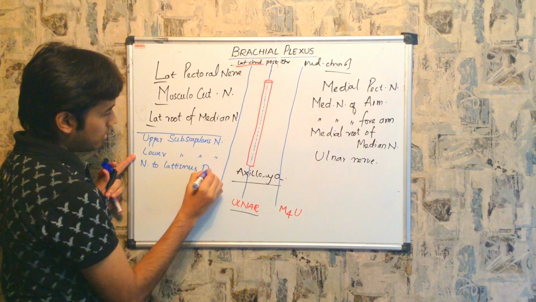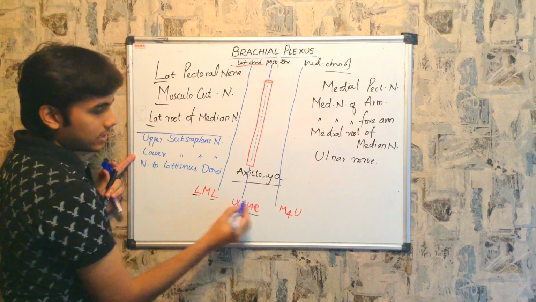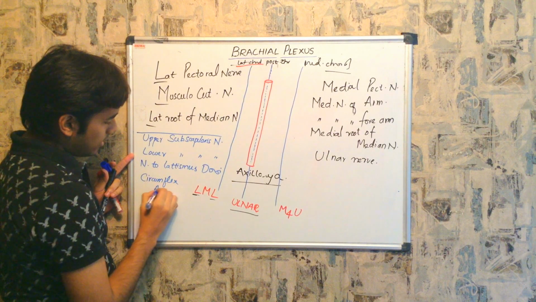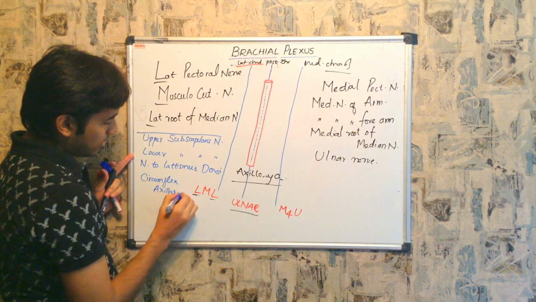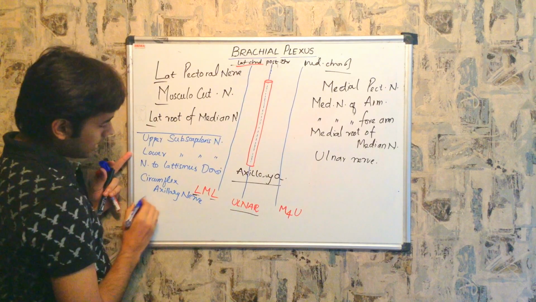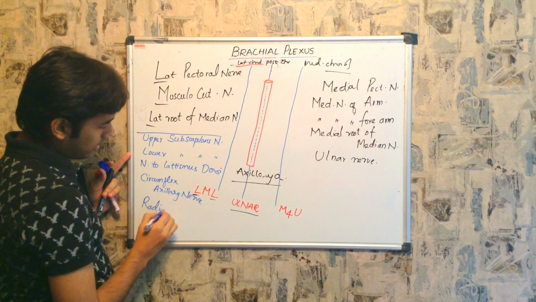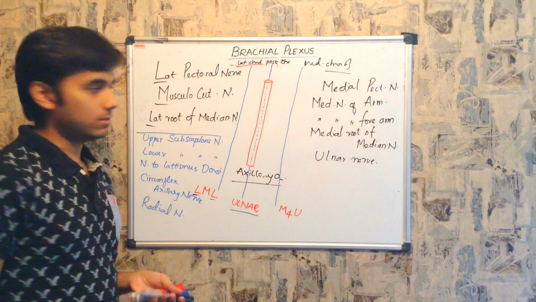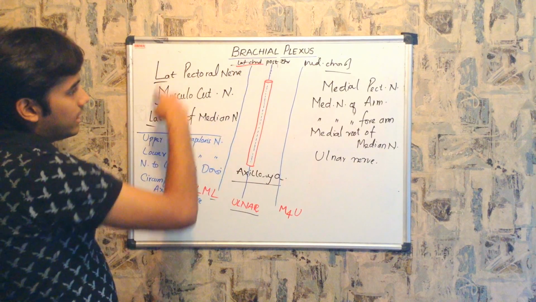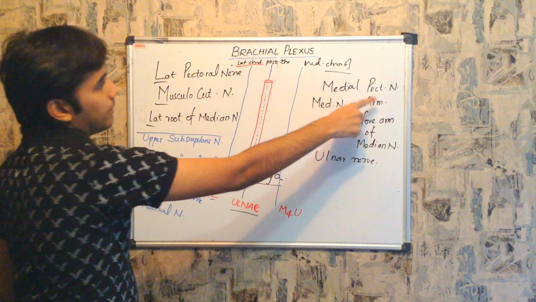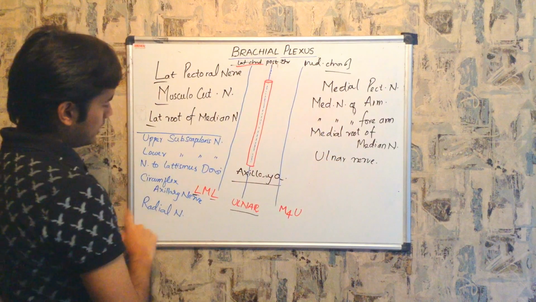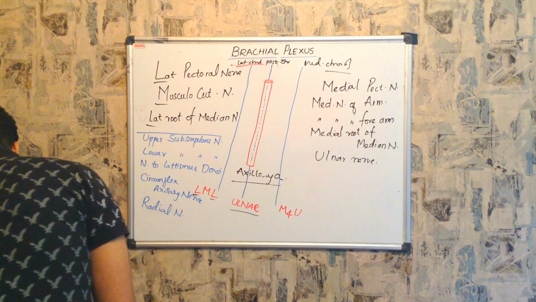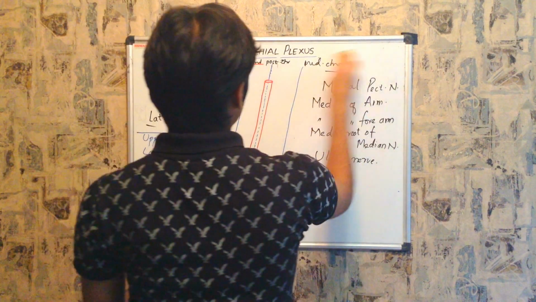A stands for axillary nerve, the circumflex nerve. And R stands for radial nerve. So these are the branches of the brachial plexus: from the lateral cord LML, from the medial cord M4U, and from the posterior cord ULNAR. So now we'll go with the clinical aspects of the brachial plexus.